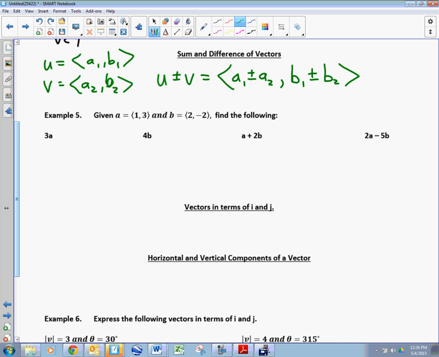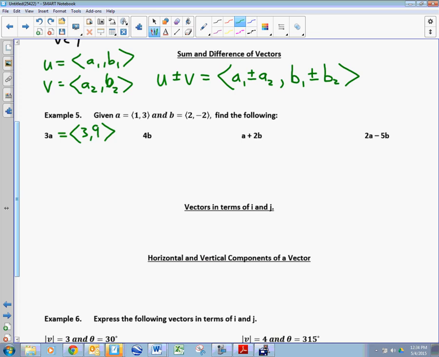Okay, so given A is 1, 3, and B is 2, -2, find the following. 3A. Anybody want to guess what it is? You would add up 3 of the A's. So you add up the horizontal parts, then you add up 3 of the 3's, you add up the vertical parts.